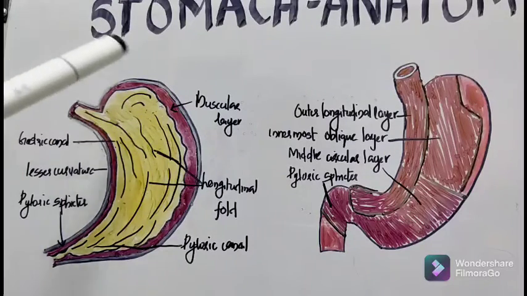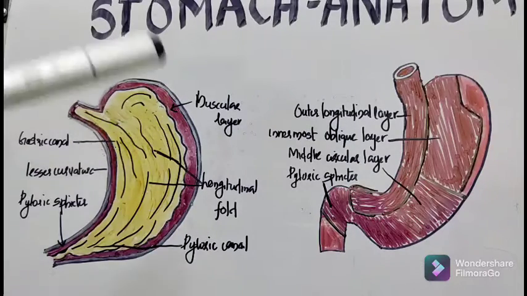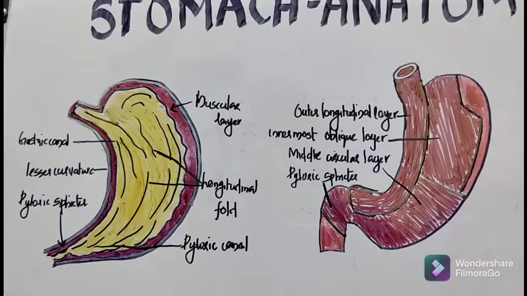Next is the submucosal layer, which contains connective tissue, arterioles and the nerve plexus. Then the muscular layer contains 3 kinds of muscle: the outermost longitudinal, the middle circular, and the innermost oblique muscles. Next is the serous layer, which envelops the stomach.